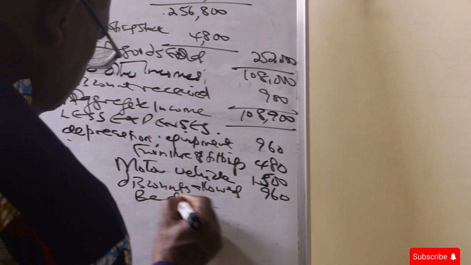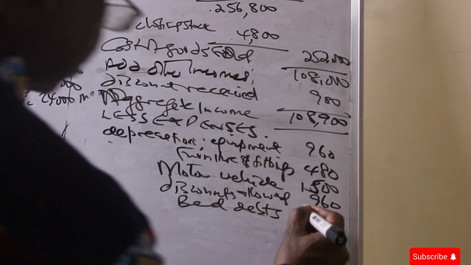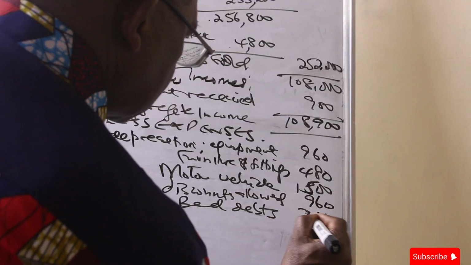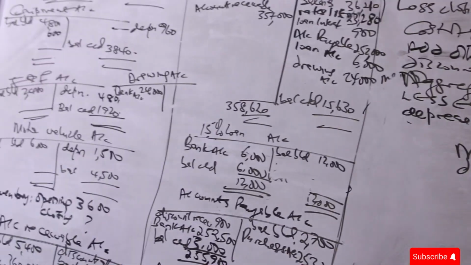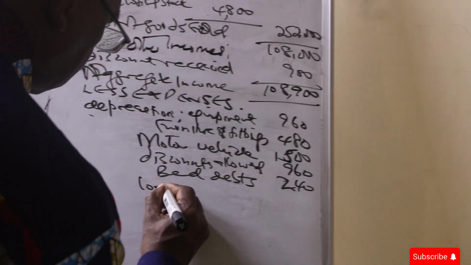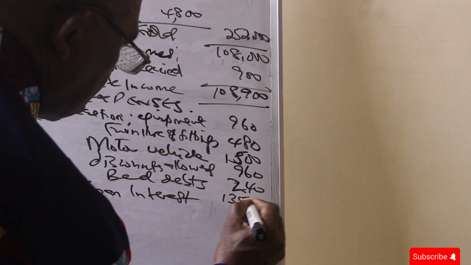Bad debts, 240. Loan interest expense, 1,350. Remember, we record what is incurred, not what was paid.